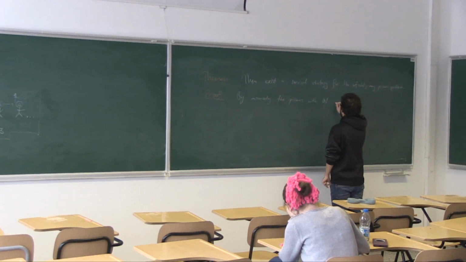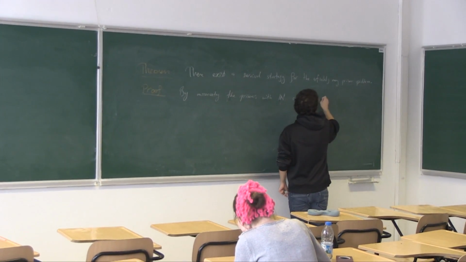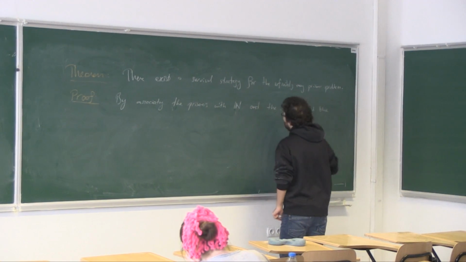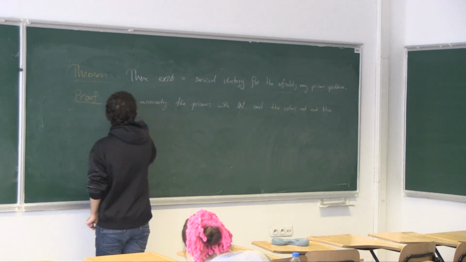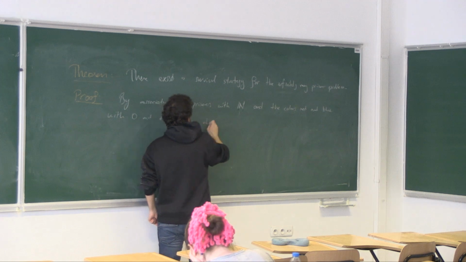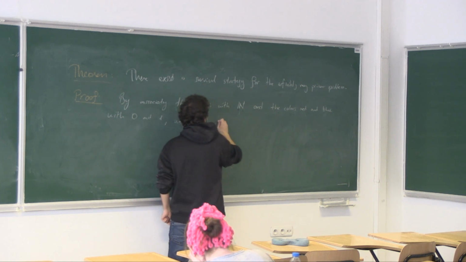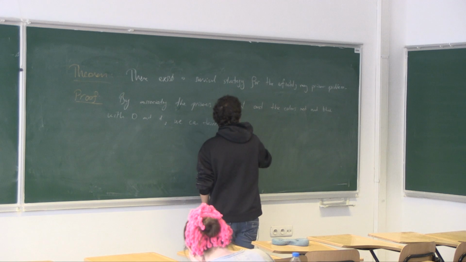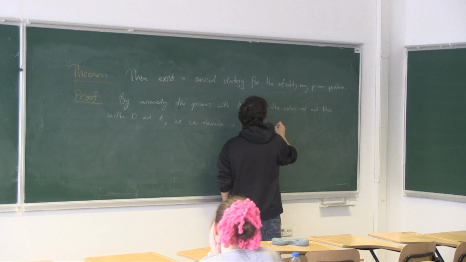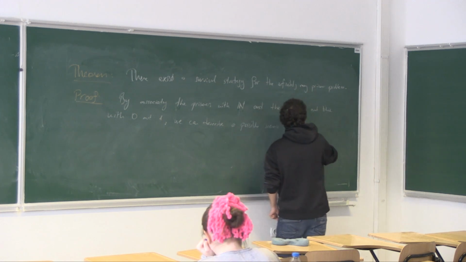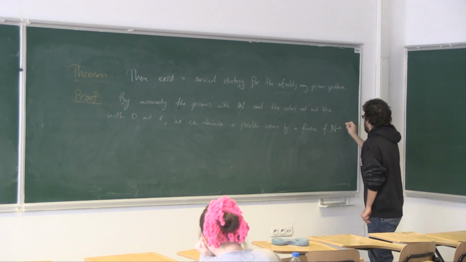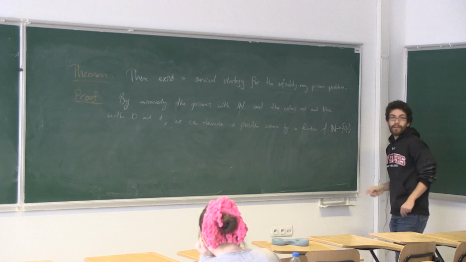By associating the prisoners with natural numbers and the colors red and blue with 0 and 1, we can describe a possible scenario by a function from natural numbers to the set {0, 1}.